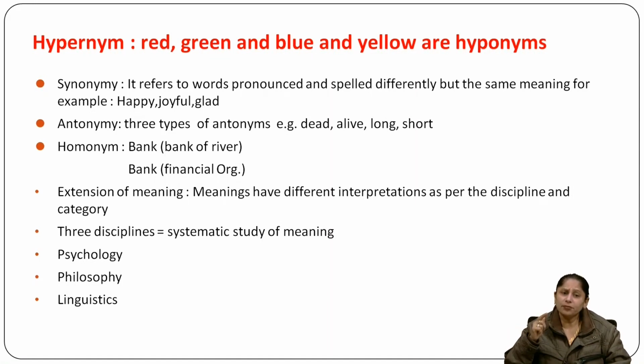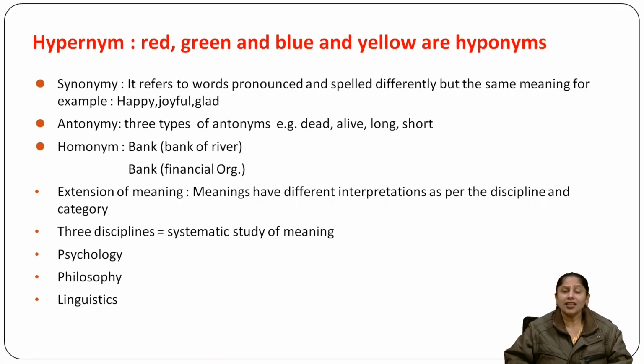So certain kinds of meanings could be understood with different interpretations as per the discipline and as per the category. Here you can say that when we talk about two words, bank and bank, in the commerce discipline, the word bank would be known as a financial organization, and in the humanities and literature, when this word bank comes, naturally the faculties or the students of the humanities and liberal arts discipline would understand that bank would be related with a river or certain things related with the environment.